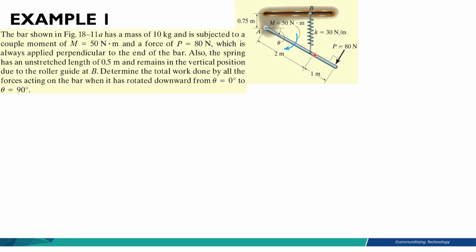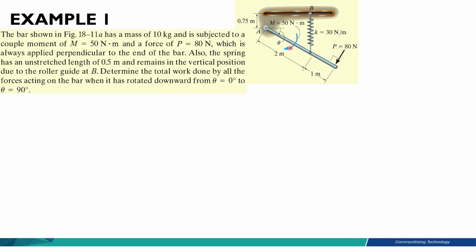We have a rigid body rotating, and it is connected to a spring, and the spring here remains vertical because the spring can slide within this slot here. So the bar AB has a mass of 10 kg, and it is subjected to a couple moment of 50 Newton meter.